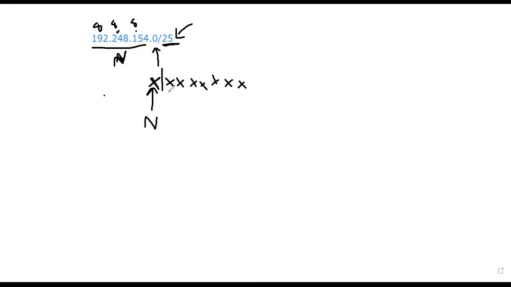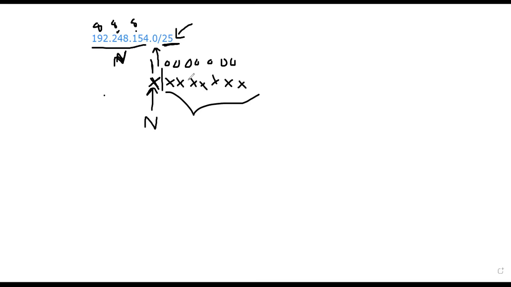Now what you need to do is make this bit 1 and make the remaining 7 host bits 0. So once you do that, make the net bit 1 and the remaining host bits 0, and now convert it into decimal.